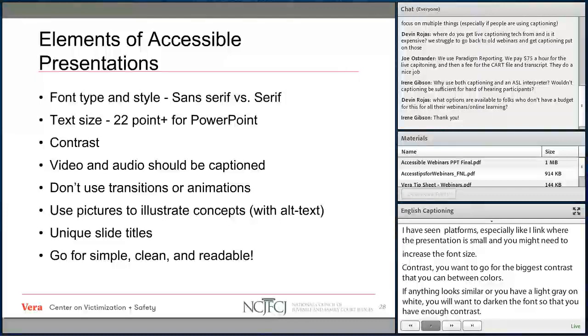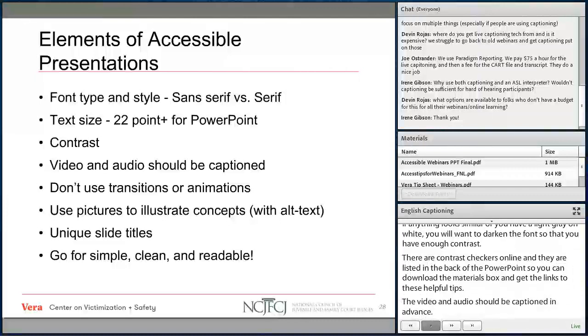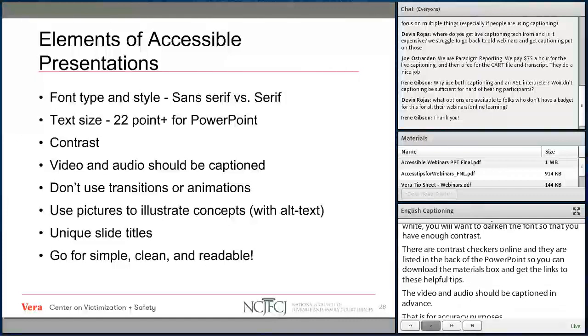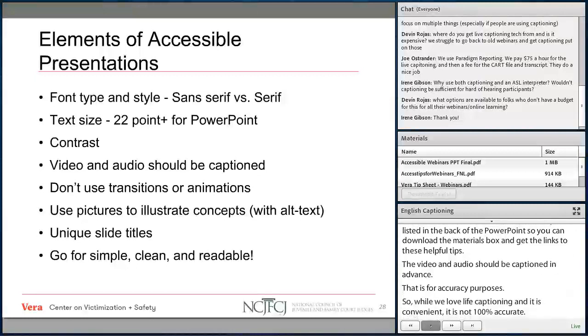Video and audio should be captioned in advance. So that's for accuracy purposes. While we love live captioning and it's very convenient, it's not 100% accurate. So if you have a video you would like to show, if you have an audio clip that you're going to be using during your training, you have the ability to caption that in advance.